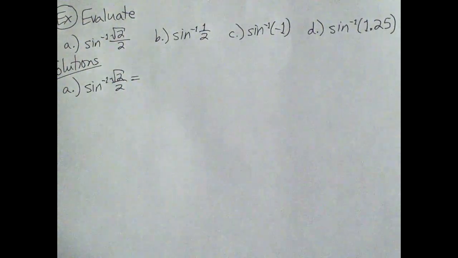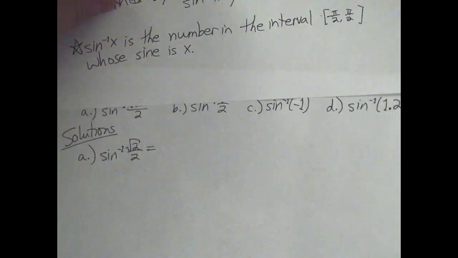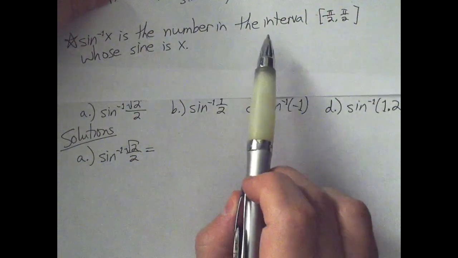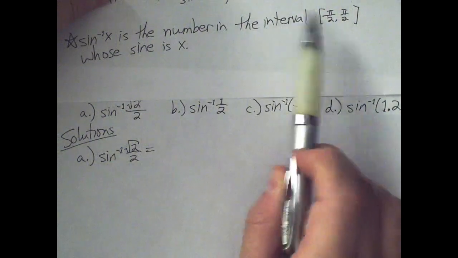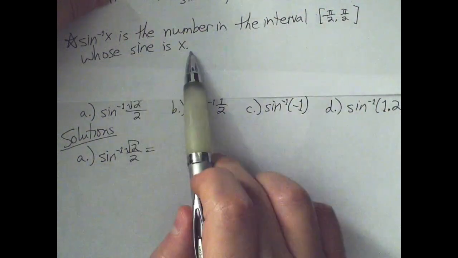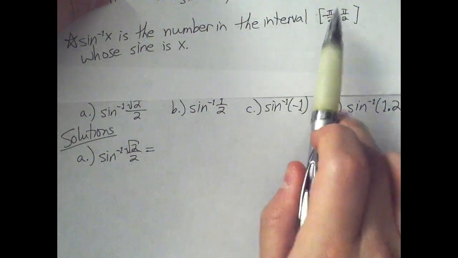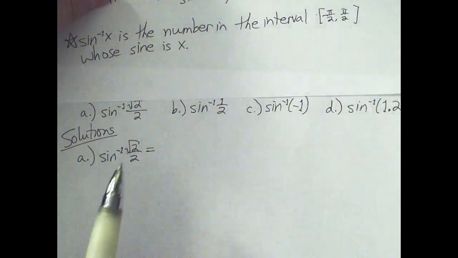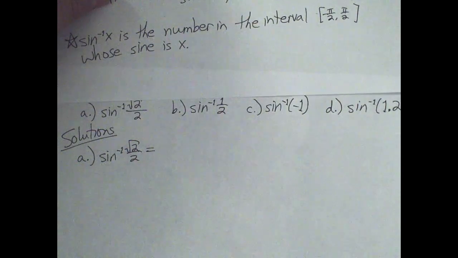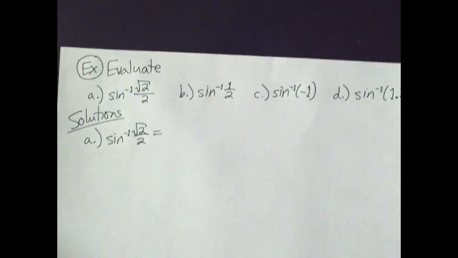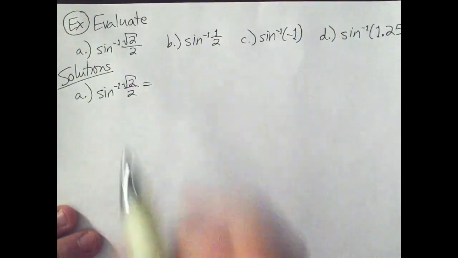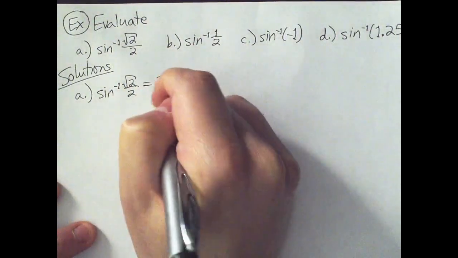I'll remind you, what number in this interval has a sine equal to the square root of 2 over 2? Is there a number in this interval that when I take the sine of it, I get square root of 2 over 2? And yes, there is. Pi over 4.